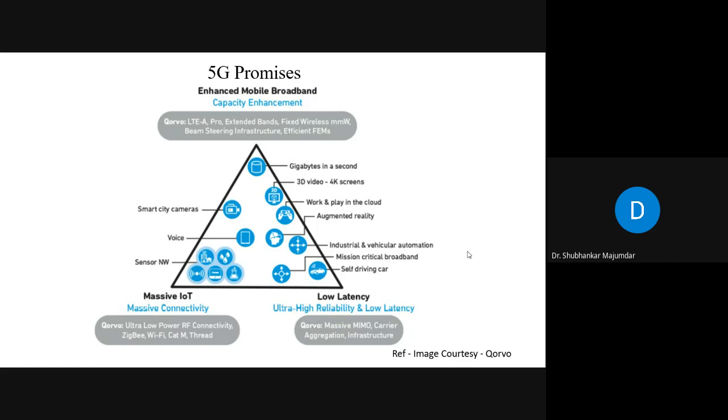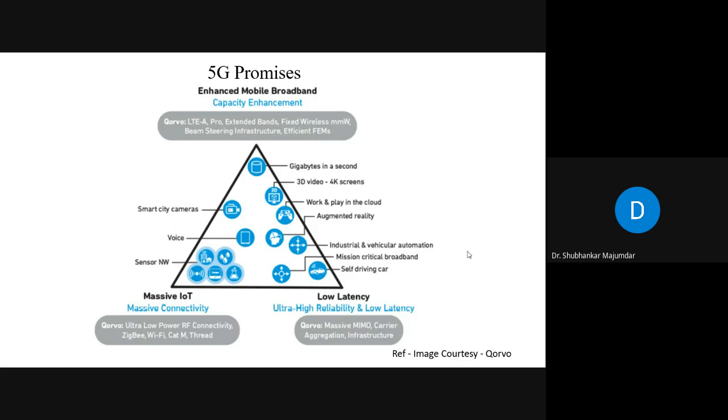It can be utilized for self-driving cars, and it can connect thousands or millions of IoT networks and hubs. It will also be used for street light cameras for smart cities. So all these things, like capacity enhancement, ultra high reliability, low latency, and massive connectivity, happen in 5G because it is working at higher frequency ranges.